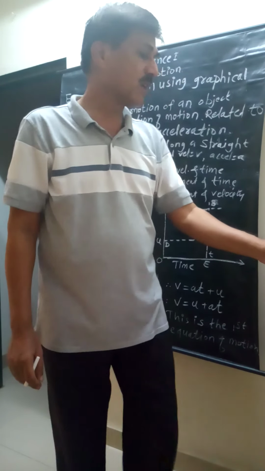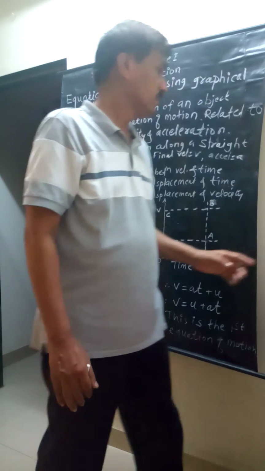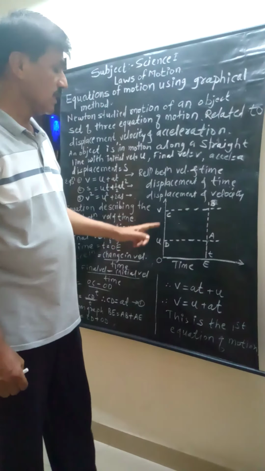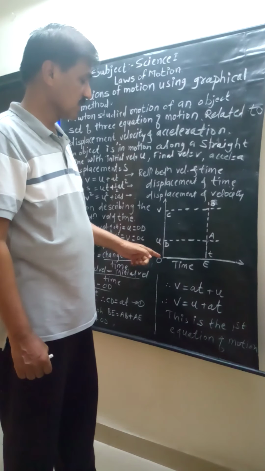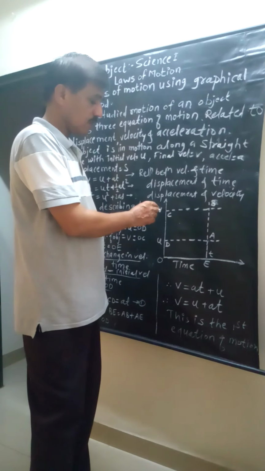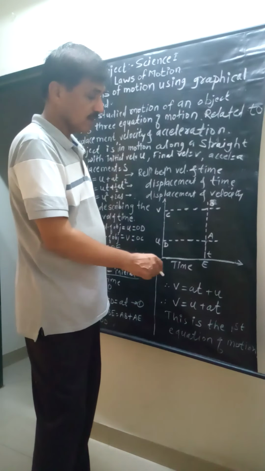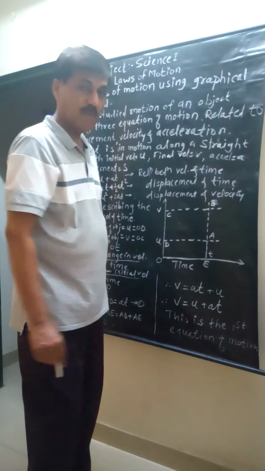Now in this equation, initial velocity u. First draw the graph. This is the y-axis. This is initial velocity. Here is final velocity. And on the x-axis, take the time.